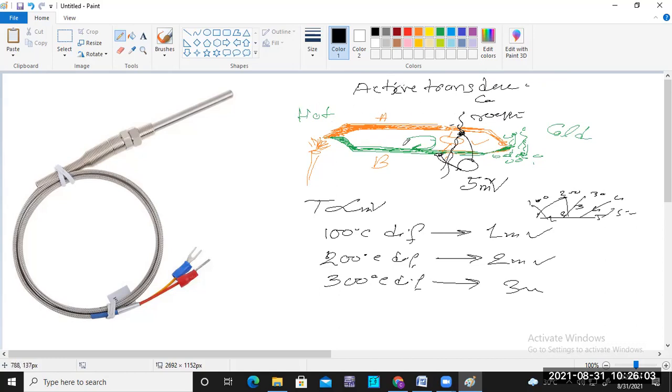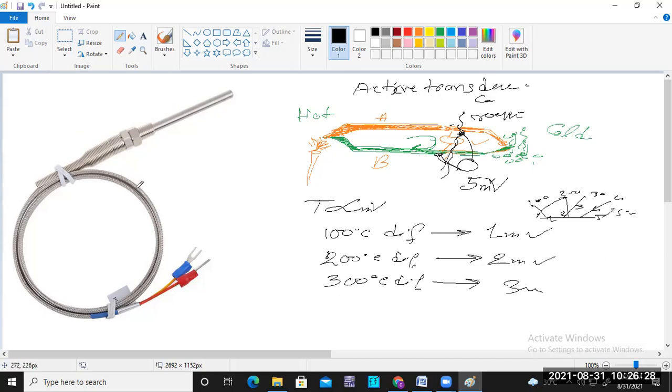Now coming to the different types of thermocouple. There are so many types of thermocouples: J, K, T, E, N, S, R, and also there is B, but the B type is not allowed for the British type. This is also an American type thermocouple. Look, a thermocouple looks like this.